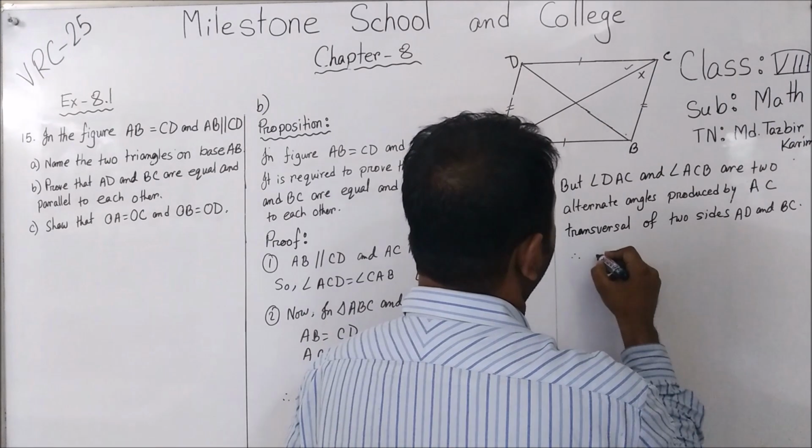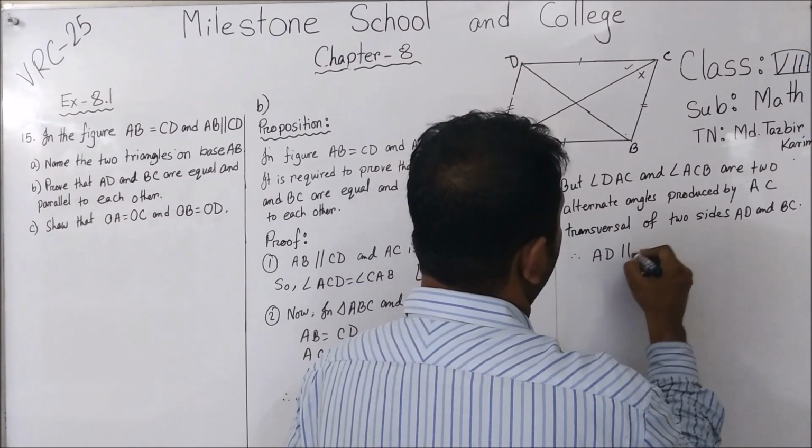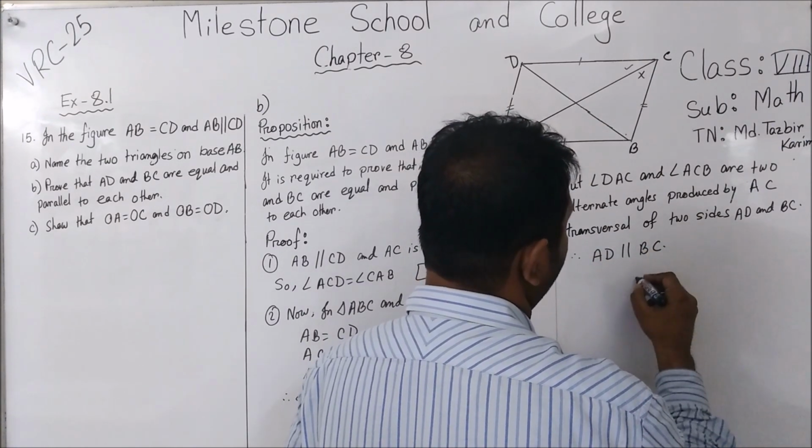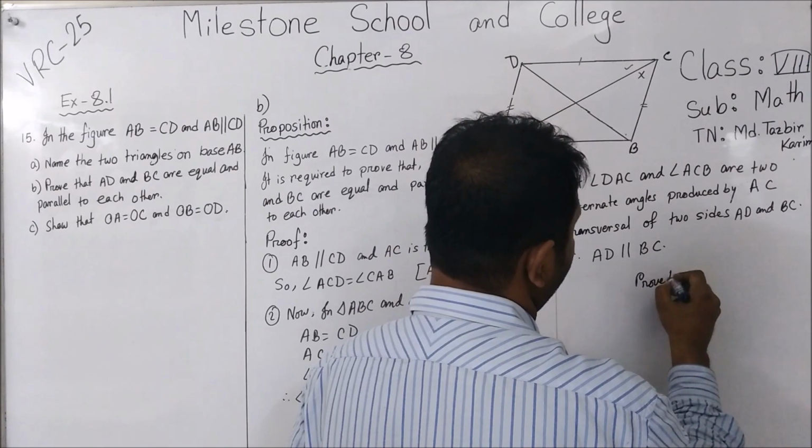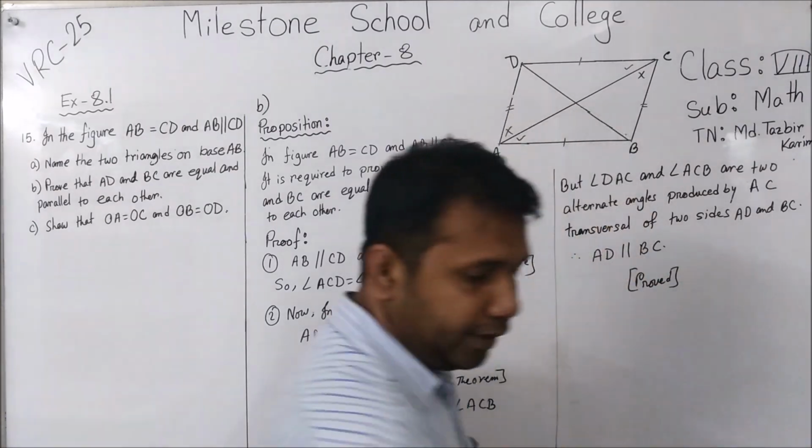So therefore AD is parallel to BC. So I think you understand.